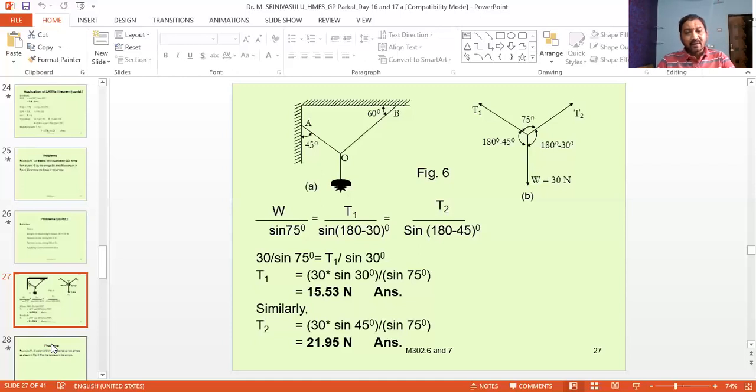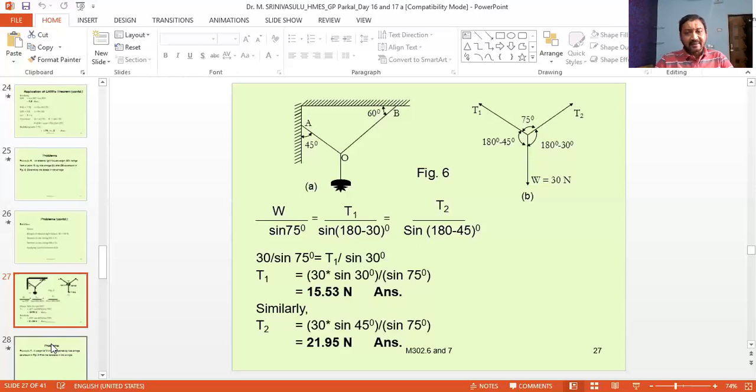Therefore T1 becomes W into sin 30 by sin 75. So T1 is equal to 30, that is the W value, into sin 30 by sin 75. If you substitute the values, we will get T1 equal to 15.53 newtons. This is the tension acting in the string OA.